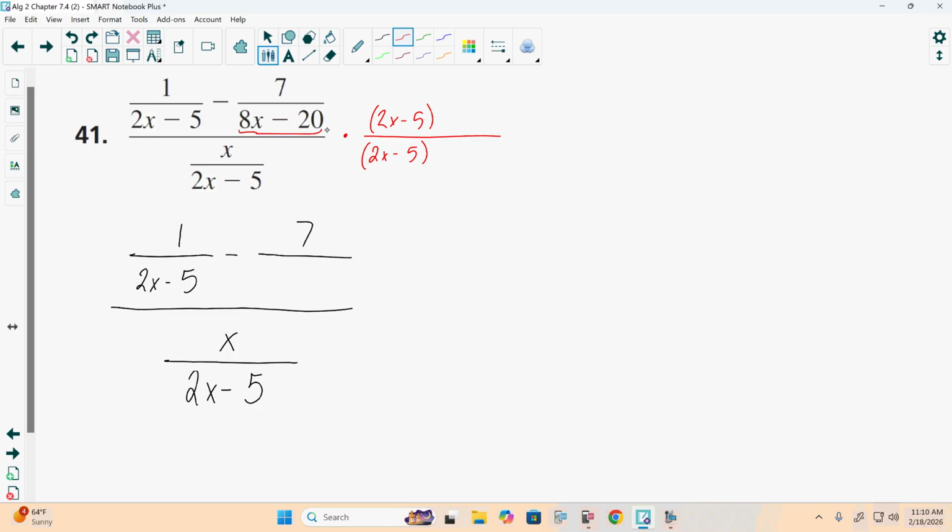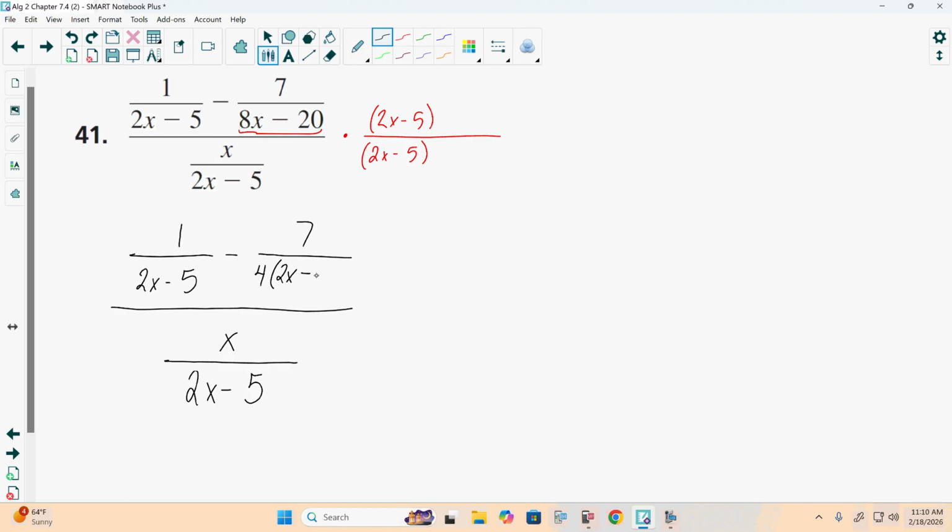However, 8x minus 20, this is the first expression we've had that is factorable. Is there a number, a greatest common factor, between 8 and 20? 4, yes? So let's see what happens. Because if I factor a 4 out of 8x, 8 divided by 4 is 2, we still have our x.